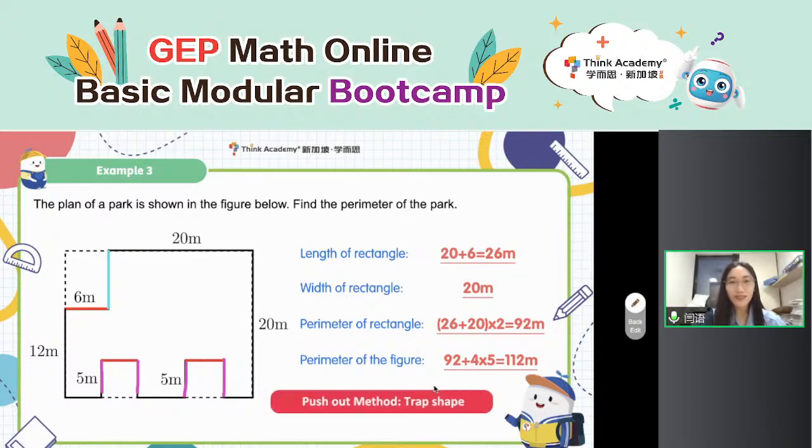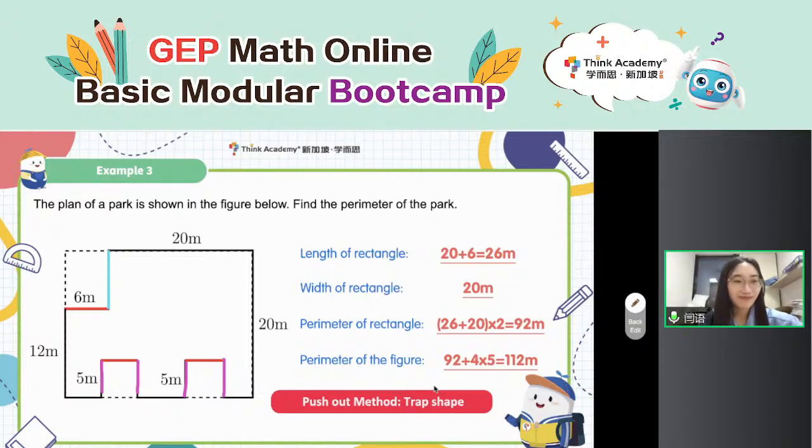Okay? So this is the second type of the question. This is for the trap shape. So when it comes to the trap shape, you must consider the depth of the trap. So that is for all the vertical lines in the middle. Do remember to add them back in the end. Okay? Yes.